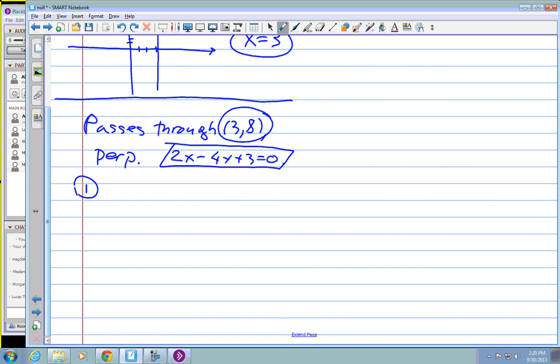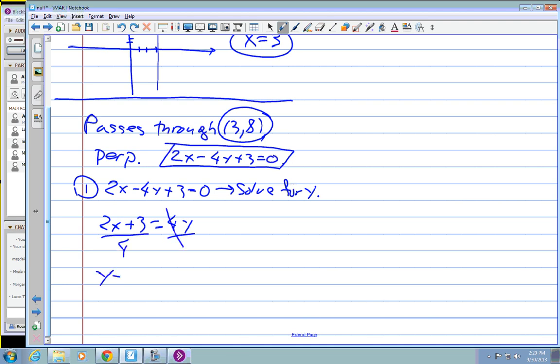Solve for y. That's right. So you're going to take that 2x minus 4y plus 3 equals 0. Solve for y. And all you really care about is the coefficient in front of x. You don't care about the y-intercept. So if you solve for y, we can add 4y to both sides. Is that right? And then divide both sides by 4.